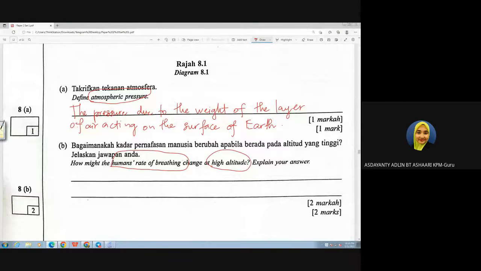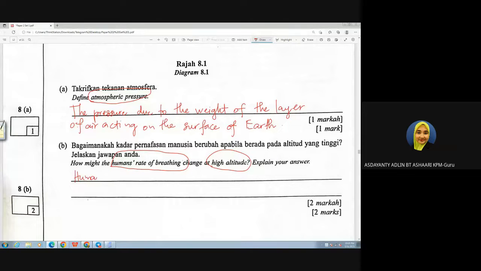Usually when we go to high altitude, our breath becomes higher or lower? If you climb a hill, does our breathing get higher or lower? Difficult or easy? Increases. Difficult, right? So when it is difficult, it means the rate becomes high. Okay, at high altitude, the human's rate of breathing increases.